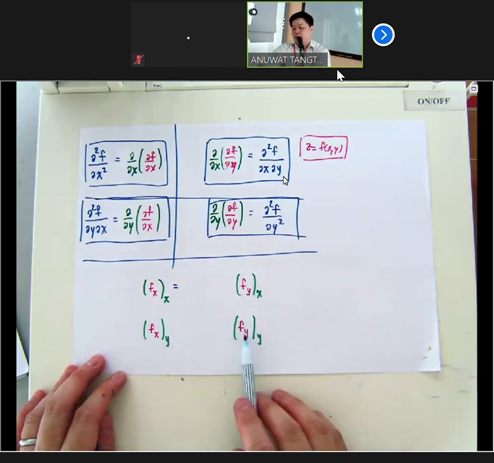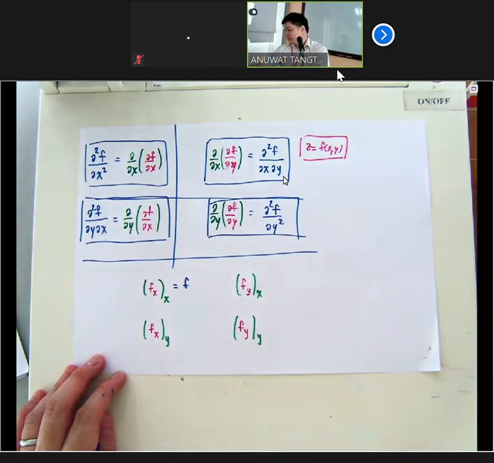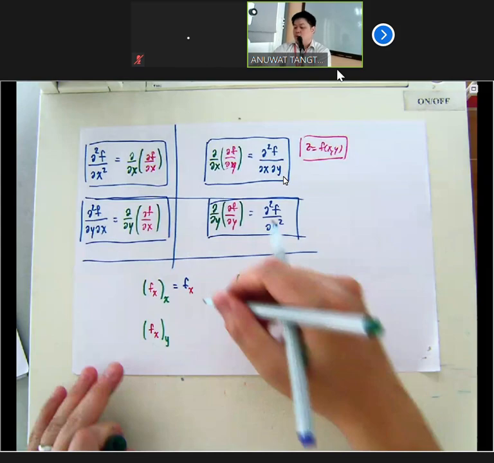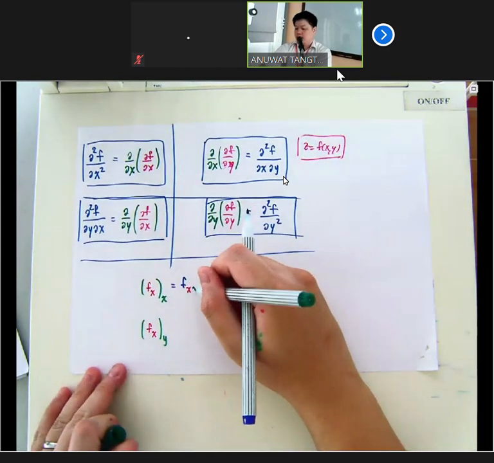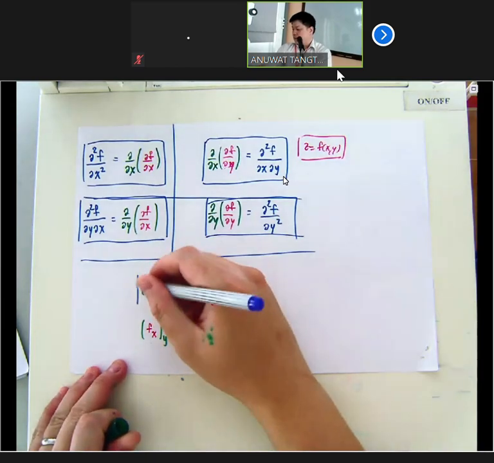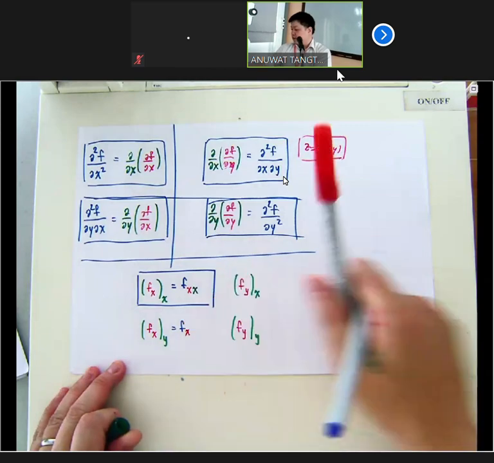So the notation would be this. So we write it in this order.